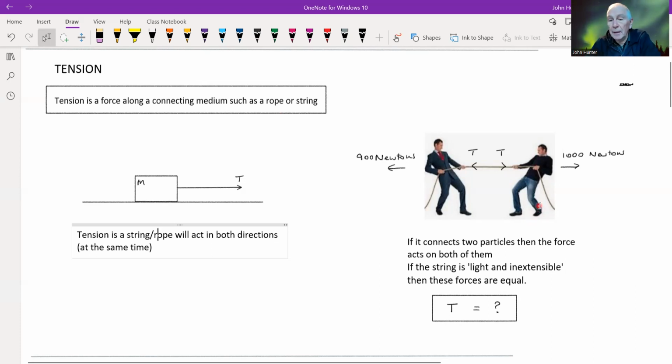So just as a bit of extra, not something that we're really considering at this stage, you might ask yourself, what is the value of T? Do we know what the value of T is from this? Well, not as such, but if both of these guys were the same mass, then when they start moving, they're both going to move with the same acceleration.